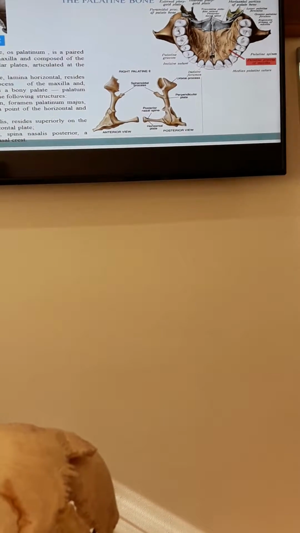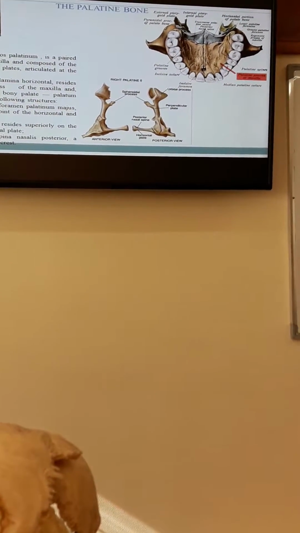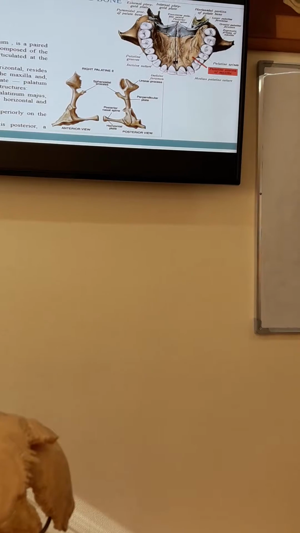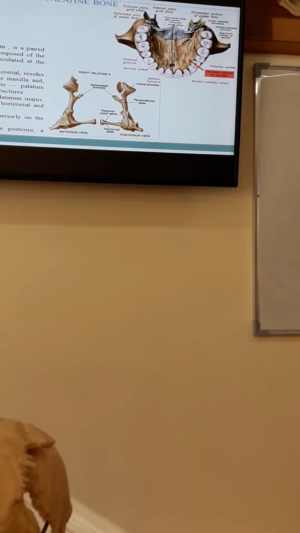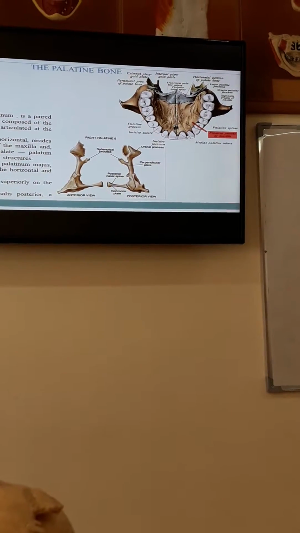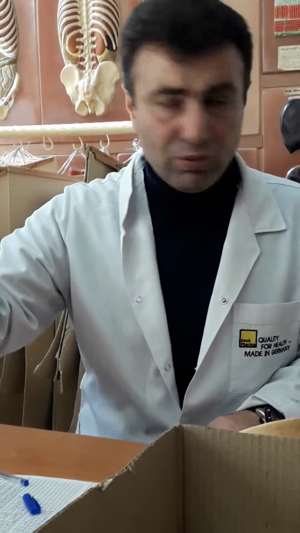In the next lesson we will describe the orbit, and I will show you all the bones: frontal bone, maxillary bone, lacrimal bone, zygomatic bone, palatine bone, ethmoid bone. All these bones which we study have orbital surfaces. Our palatine bone also has an orbital surface. Don't worry now. Point by point, we will study all these bones together afterwards.